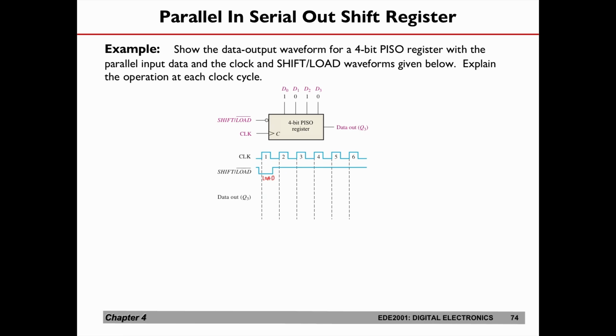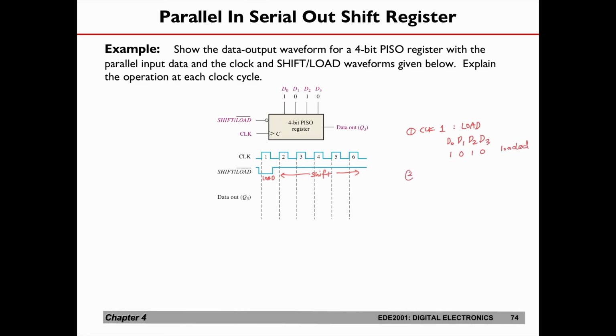Then from 2 to 5, you are doing a shift operation. At the first clock pulse, you are doing a loading action, so D0, D1, D2, D3, which is 1010, is being loaded into the register.